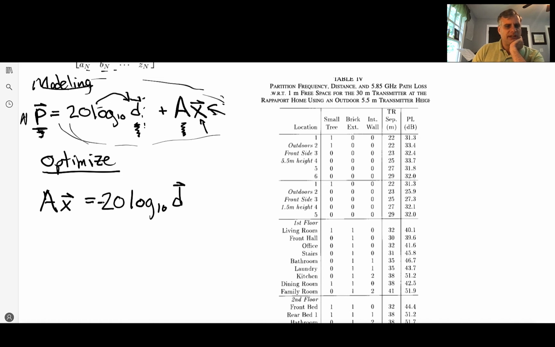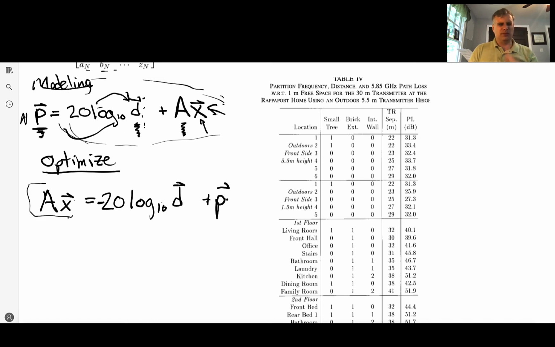And that should have a minus sign. We're going to move that over there. And we're subtracting that from our path loss values. So we take the path loss, we subtract off the free space loss, and whatever residual error is over here, we model it with this equation.